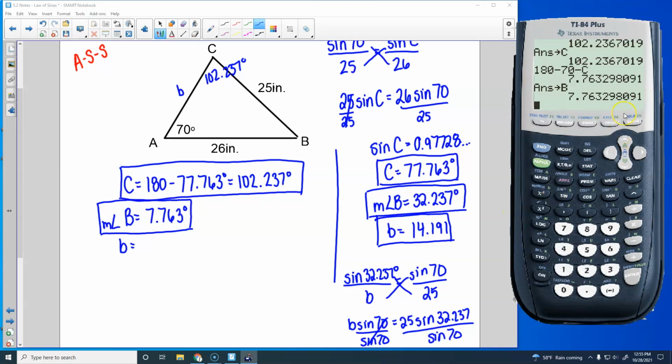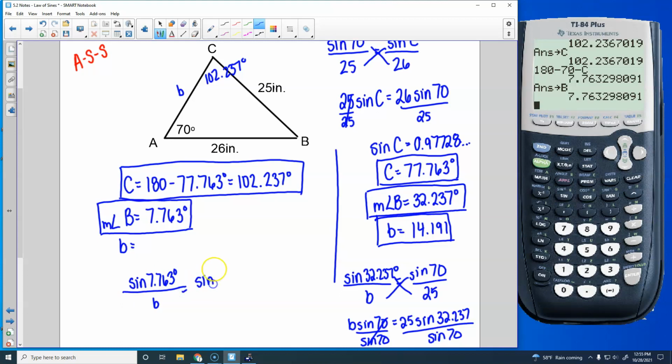And so now I got to set this up. It's basically the same thing I just did, except that 32.237 is turned into a 7.763. So sine of 7.763 over B equals sine 70 over 25. We will cross multiply.